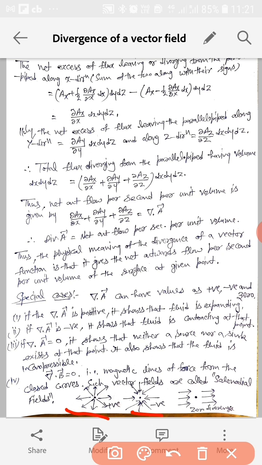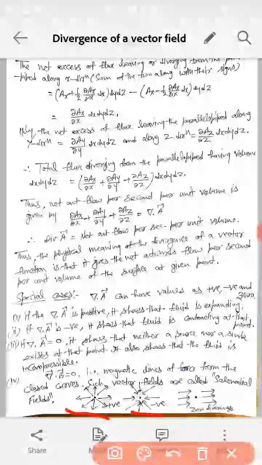The example of this is a negative charge, where the electric field lines come inwards towards that point, meaning the fluid is contracting at that point, or it is working as a sink. Things are coming in and draining into that point.